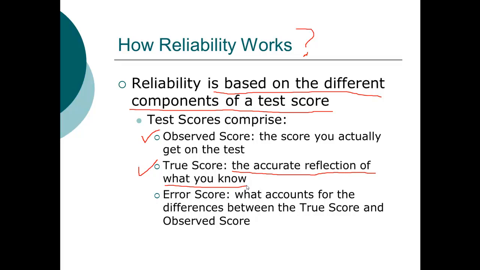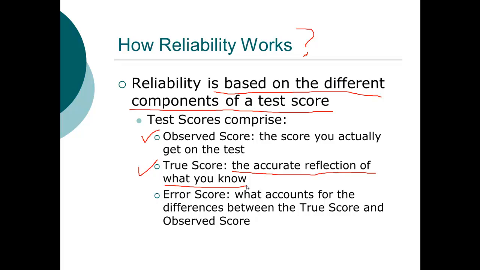Maybe I misread a question. Maybe I just marked the wrong answer. Maybe I guessed right. There's a lot of different things that could happen to me to challenge the validity of my observed score.